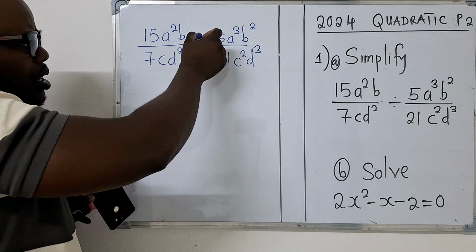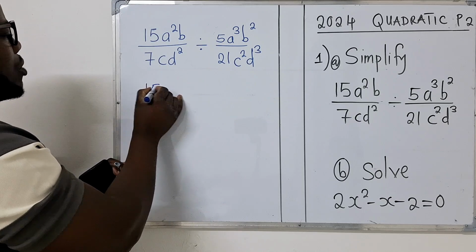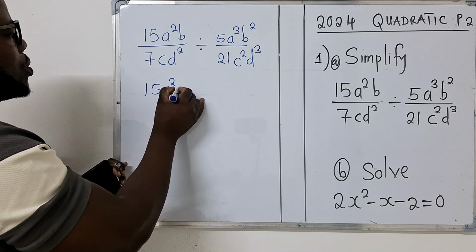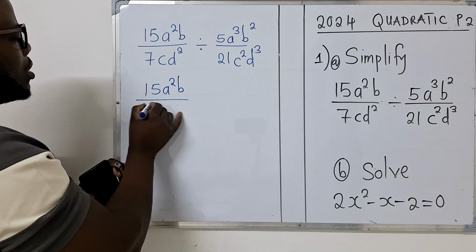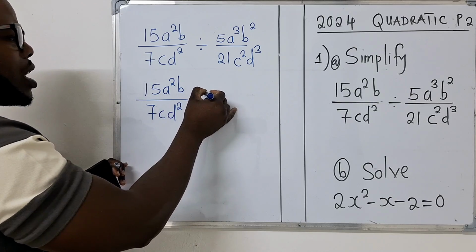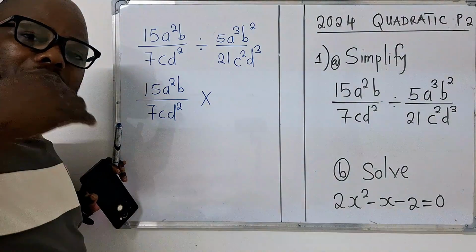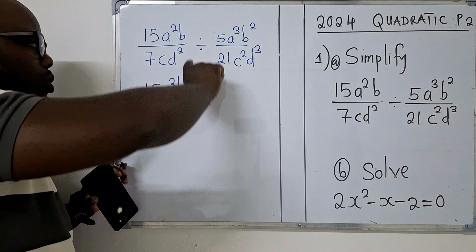This is division. Of course, we'll maintain the first term, which is 15a power 2 b over 7cd power 2. And then the sign here will change to multiplication. Remember, when dividing fractions, you always switch the sign.